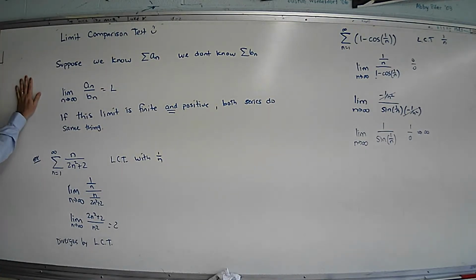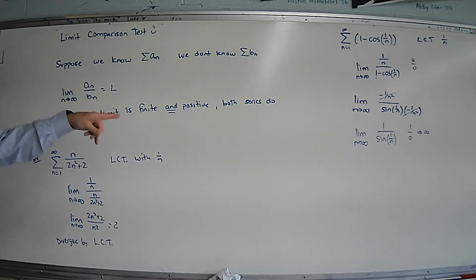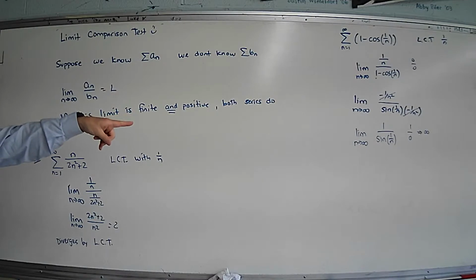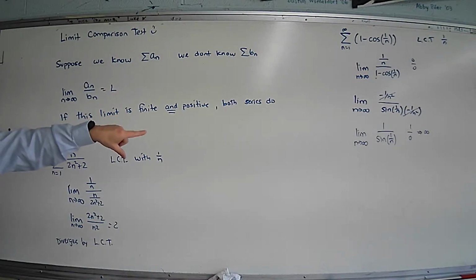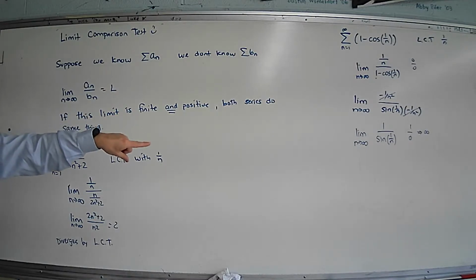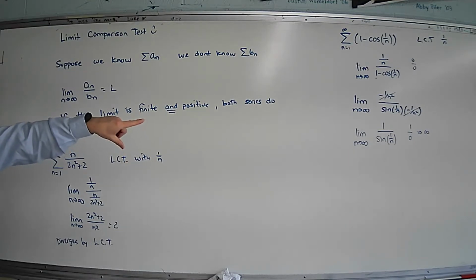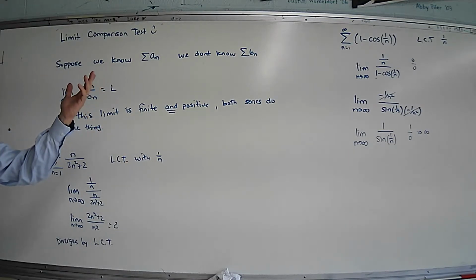This test won't work, at least not with 1 over n. Follow what I'm saying there? Because that didn't pan out. We needed something that was finite and positive, right? That's infinite. So we would have to use a different series to compare with.